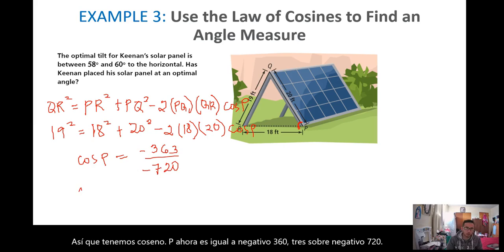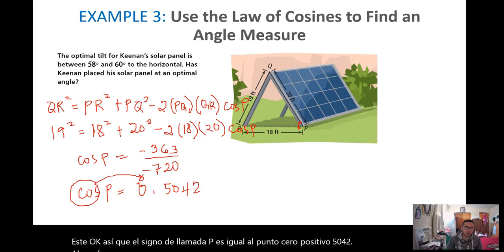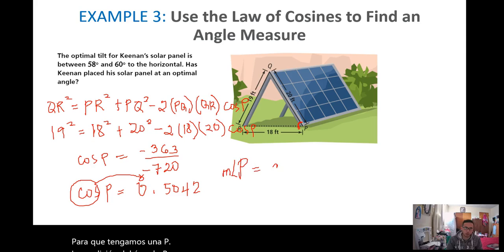So cosine P is equal to positive 0.5042. Now, of course, we transfer this one so that the measurement of angle P is equal to arc cosine of 0.5042.